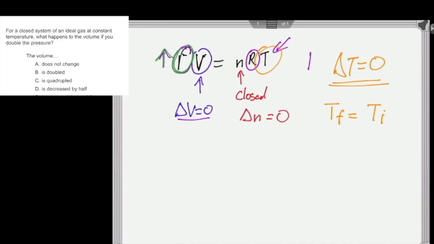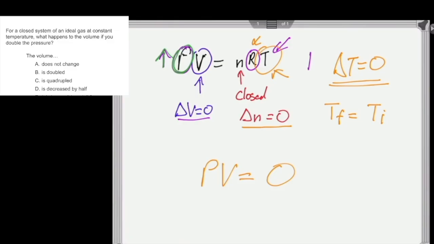Okay, so we've eliminated E, we've eliminated A, and now what we've got is values. So doubled, quadrupled, or decreased by half. So even just based on quantity, if I have to say this, right? Delta n is 0, delta R is 0, delta T is 0. Another way to write this is PV equals constant, right?